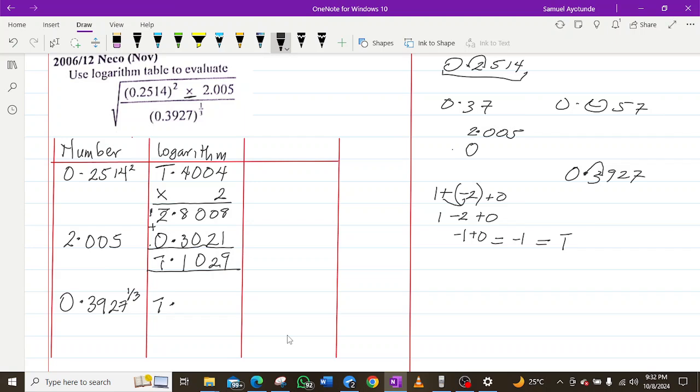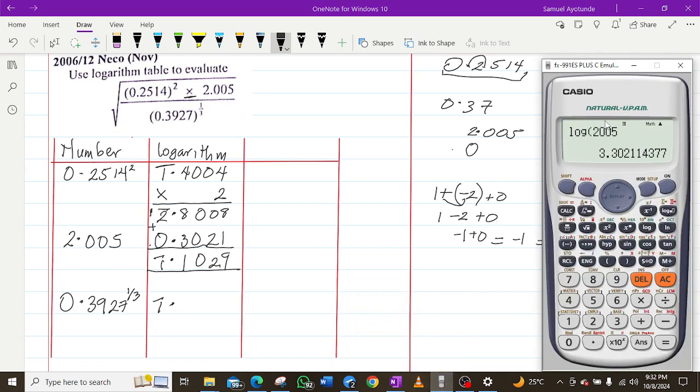So I've gotten my characteristic. I need to get my mantissa. I will get that from the calculator by finding the logarithm of 3927. So like we have always done, we will discard the whole number.